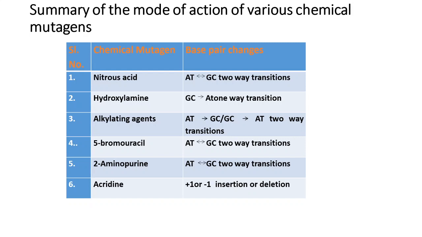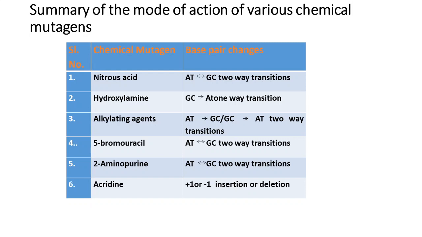Then in the second case, in the case of a hydroxylating agent, for example hydroxylamine, a GC-AT one-way transition occurs. And in the third case, in the case of alkylating agents, an AT-GC or GC-AT two-way transition occurs.